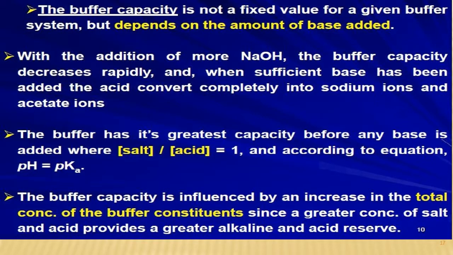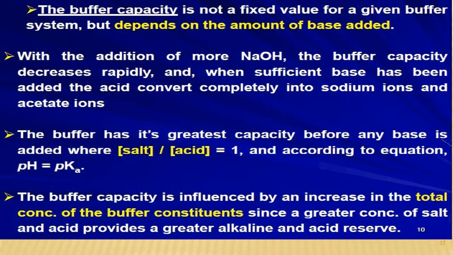the buffer capacity is not a fixed value for a given buffer system, but depends on the amount of base added. With the addition of more sodium hydroxide, the buffer capacity decreases rapidly, and when sufficient base has been added, the acid converts completely into the sodium ion and acetate ion.